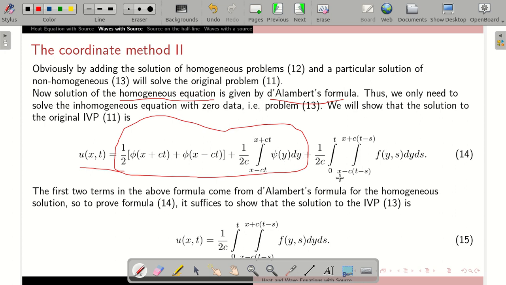And we claim that the solution of the non-homogeneous one is this: 1 by 2c integral from 0 to t, integral from x minus c(t minus s) to x plus c(t minus s), f(y, s) dy ds. The first term is for the homogeneous and the second for the non-homogeneous. It is sufficient that you prove the second part. So we will show that this u is a particular solution of the equation.